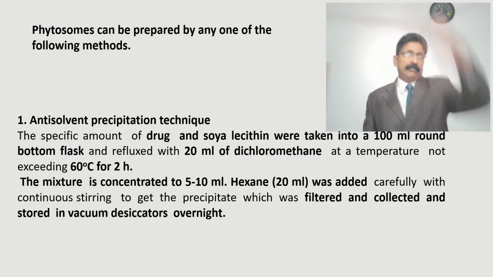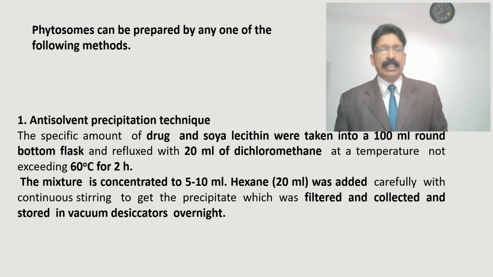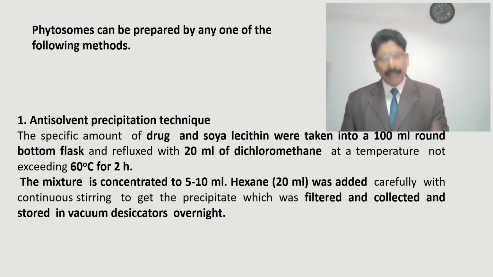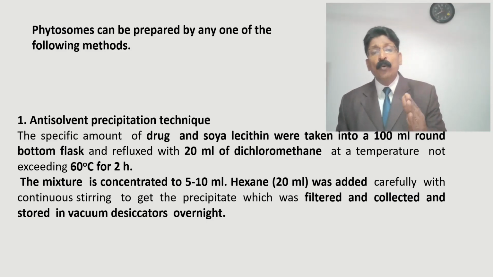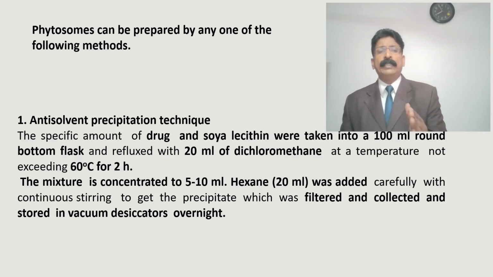You know that reflux, how they fix in the round bottom flask. The mixture is concentrated, heated to 5 to 10 ml. You added 20, it is made into a very minimum of 5 to 10 ml.